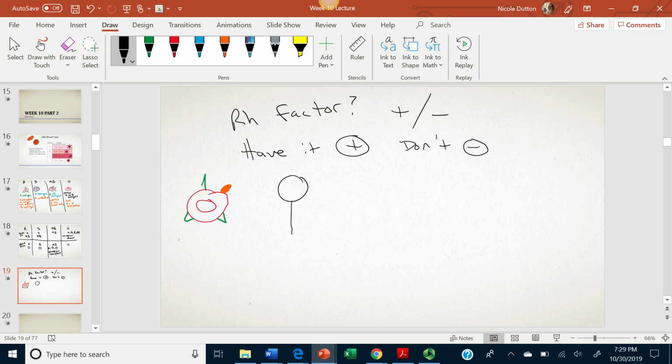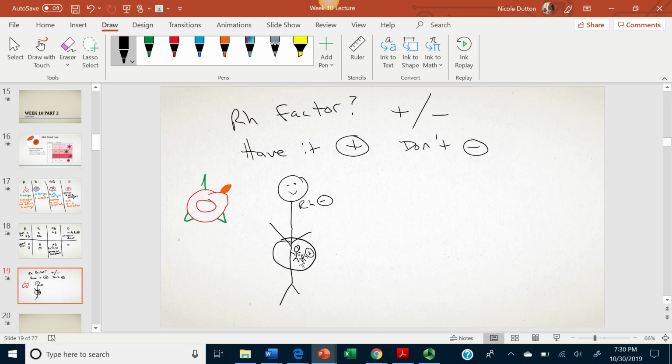If mom is Rh negative and the baby has Rh positive blood, the first pregnancy, about halfway through gestation, when the baby starts producing their own red blood cells, the mom is going to start to develop antibodies against the baby's red blood cells.